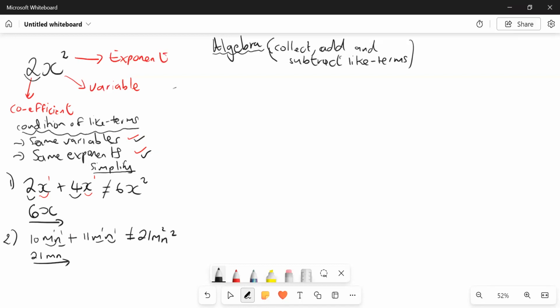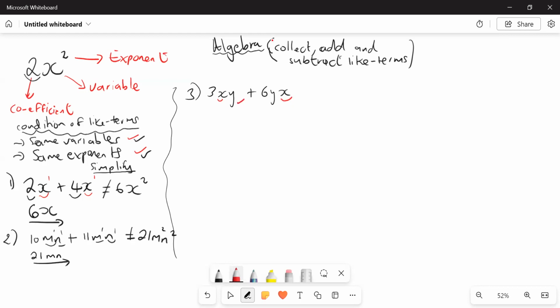So now let's go to example 3. They gave us 3xy plus 6yx, right? How do I add these two? Go back to my conditions of like terms. Do you have same variables? Now let's check together. There's x, there's x.